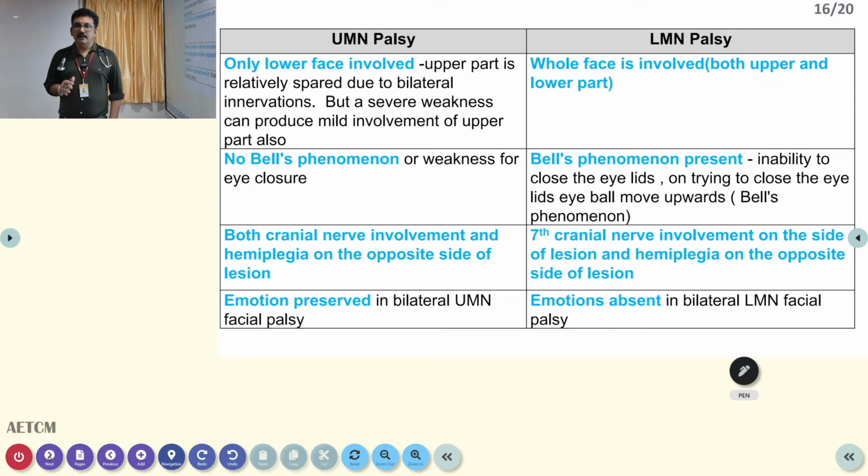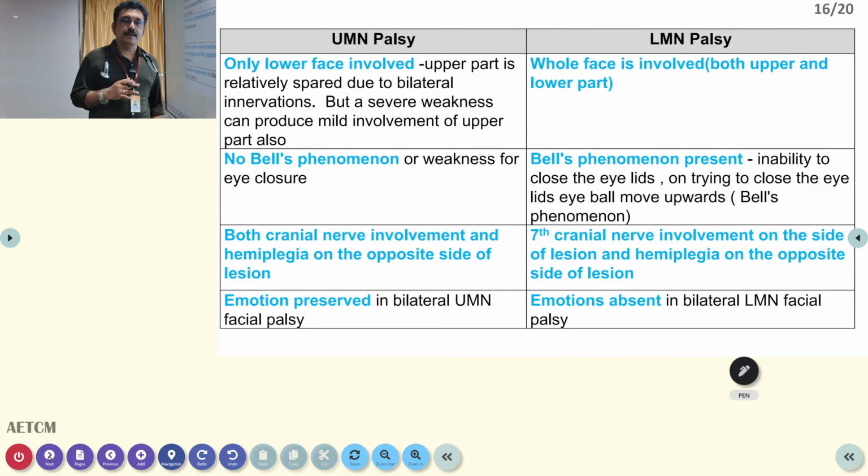In most of these lesions, the upper part of the face, that means the forehead, will be relatively spared, because the upper part of the face has got bilateral innervation from the right side and left side of the brain. So a lesion which is only on the right side, the upper part of the face will not be involved, or is relatively spared.